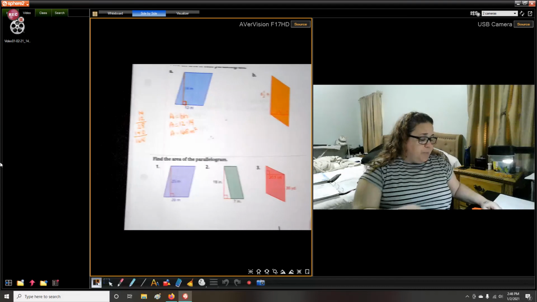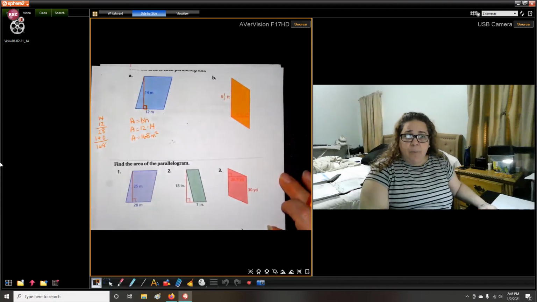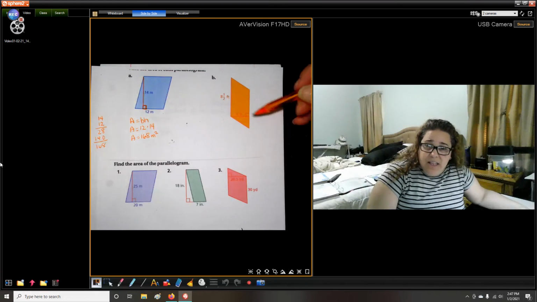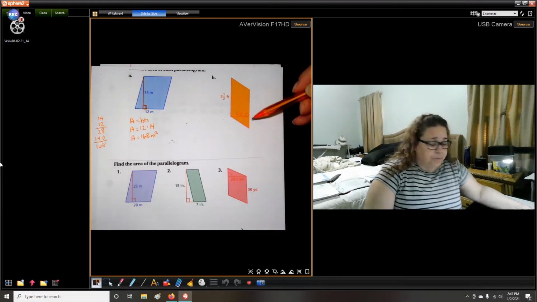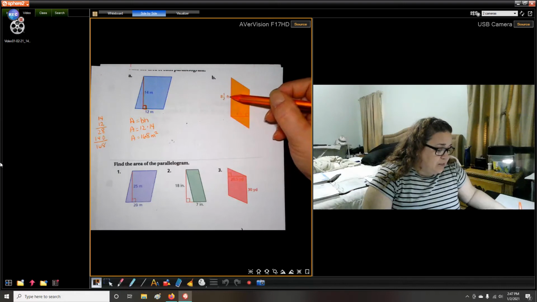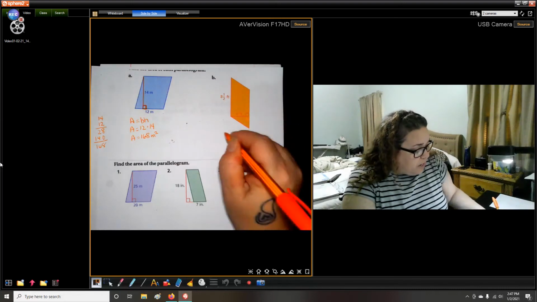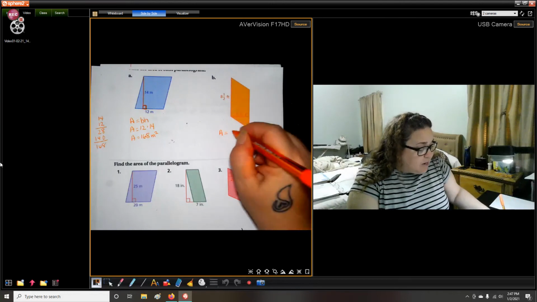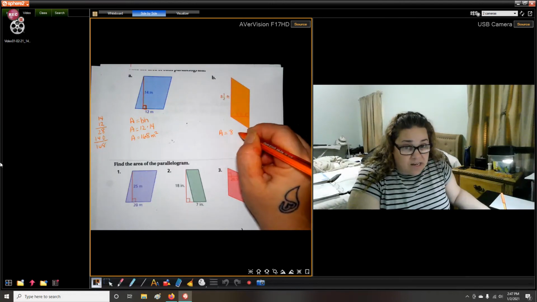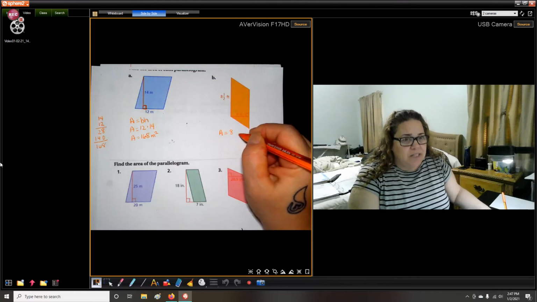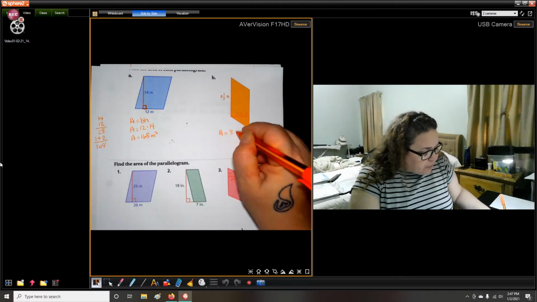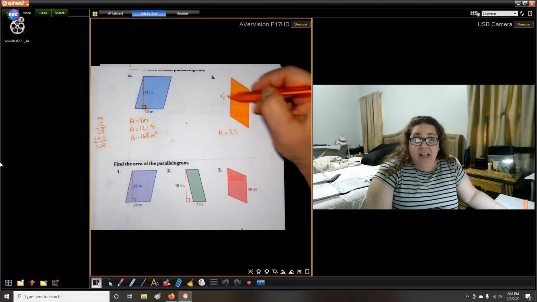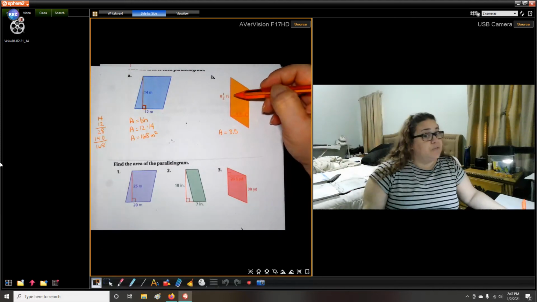Okay. B. For B, hopefully you guys can see that that's 4 feet on the inside, 8.5 feet on the outside. So area equals, my base is going to be 8.5, and I know it's sideways, but the base can be sideways. I can change 8.5 to a fraction, or I could have done it with decimals.